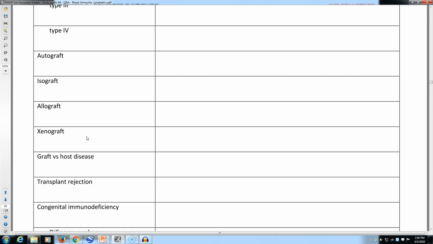Graft versus host disease. In graft versus host disease, what happens? Can you tell me? What responds to what? What type of transplantation is it? Bone marrow. So what attacks what? Not the body.